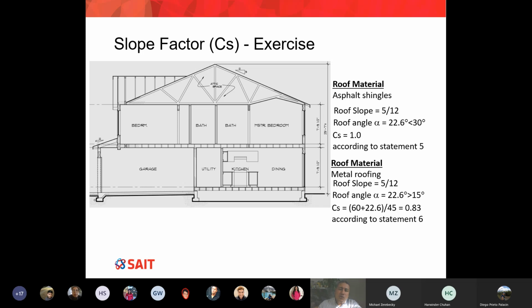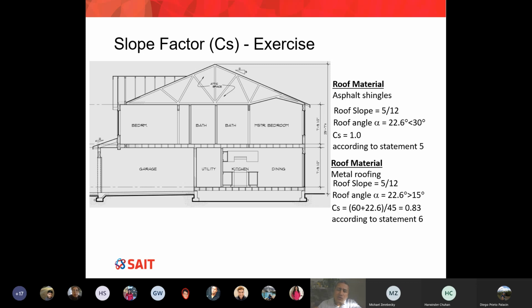So I give you two scenarios. What if my roof material is asphalt shingles? So that's case number 1. And if the roof slope is 5 to 12, remember, slope is not an angle, so we have to convert. We have to find the angle. So guys, what's the angle? Simply, it's this angle here between the roof and the horizontal. And it's not very difficult. If you know about math, you will know. All you have to do is get the inverse tan of 5 over 12.